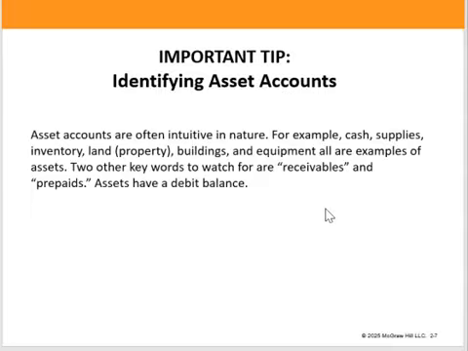We're due to receive that money from our customer. And prepaids. One that we talked about already is prepaid rent or prepaid insurance. We've paid for it in advance. We haven't used it yet. So prepaids are also assets.